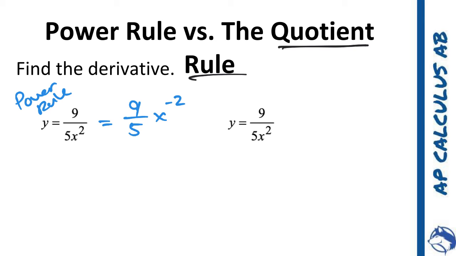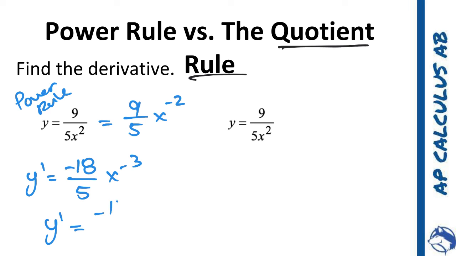Then I bring the negative 2 out in front to make it a negative 18 over 5, and this is y prime now. Then I subtract 1 from that negative 2, so it's x to the negative 3. I can't leave it like that, so I rewrite it as negative 18 over 5x cubed.